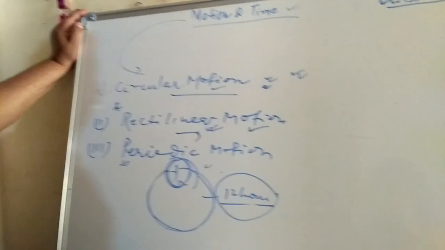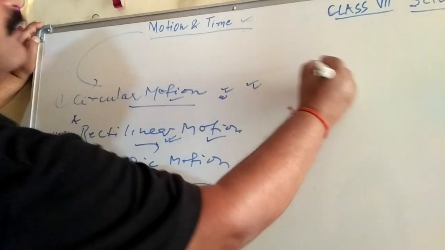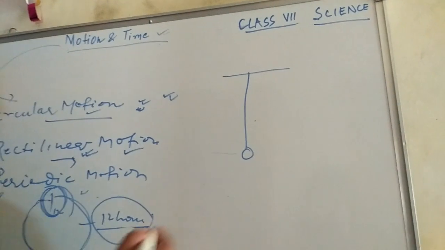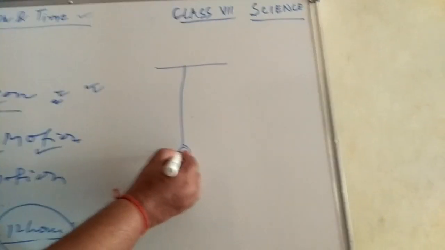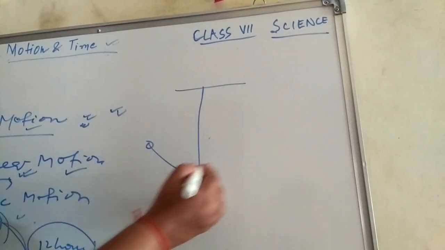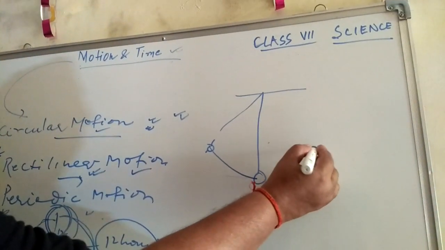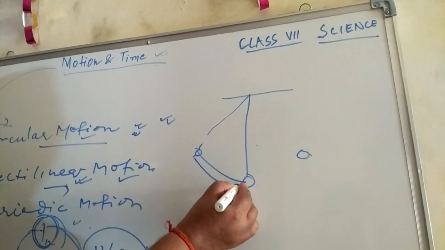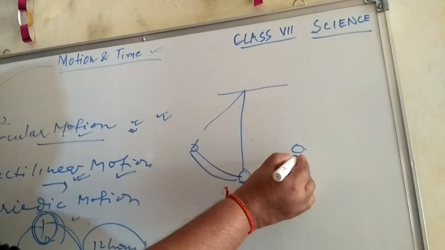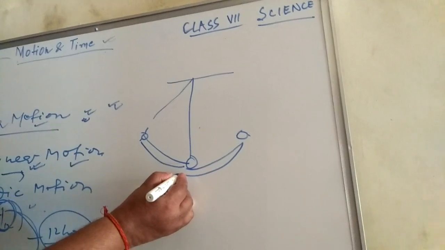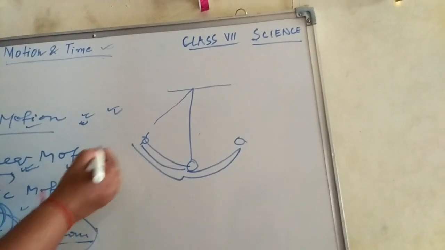Now we also see the simple pendulum. When we take it from its position and then leave it, it comes to this position, then goes to this side, again reaches the mean position and then comes back.